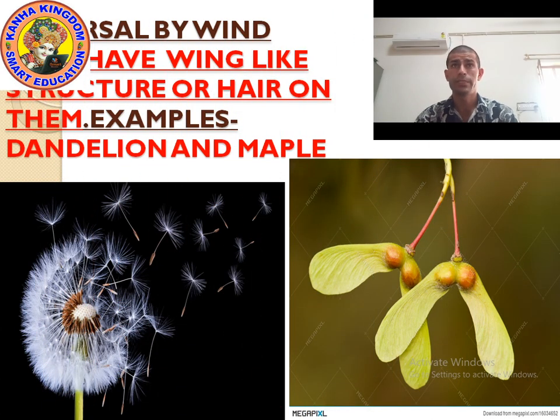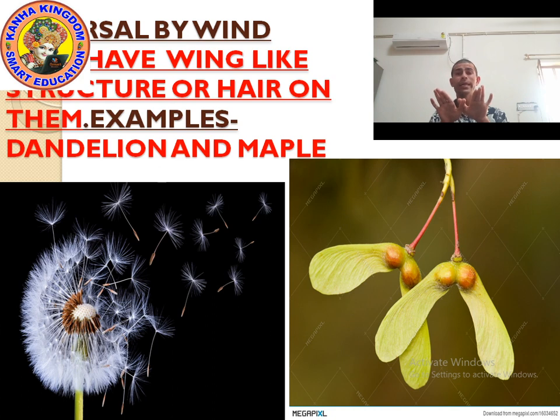So kids, at first we will study dispersal by wind. Yes, dispersal by wind. So how is it possible? There are many seeds which are very light, they are not heavy. That's why wind can blow away these seeds from one place to another place. Actually, their structure is just like a wing.